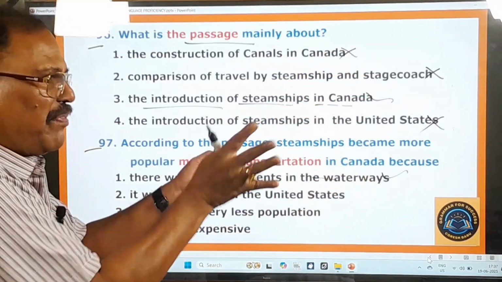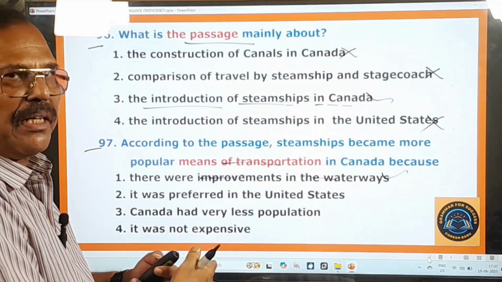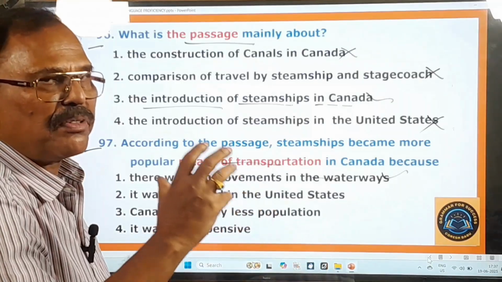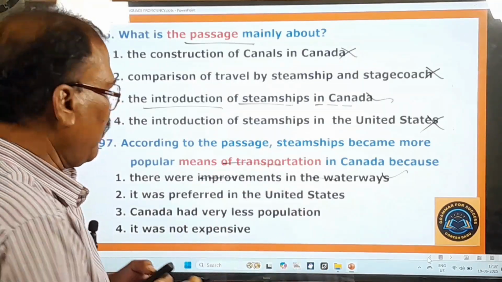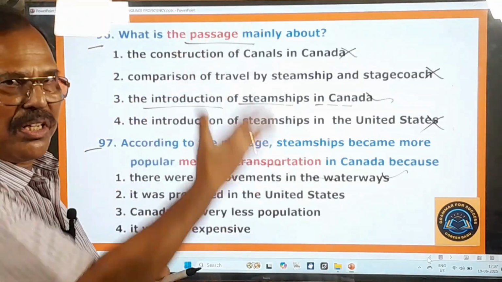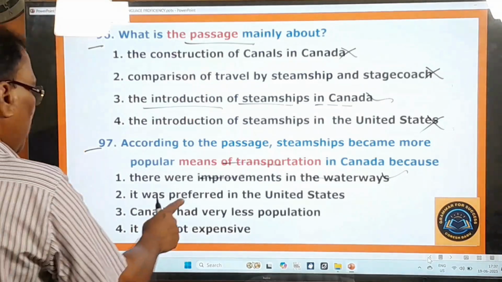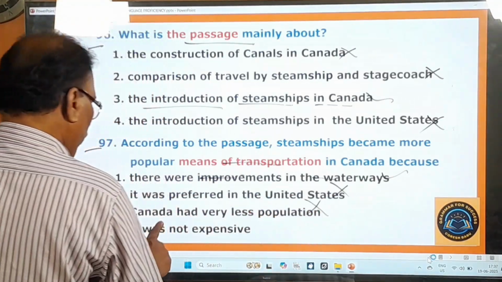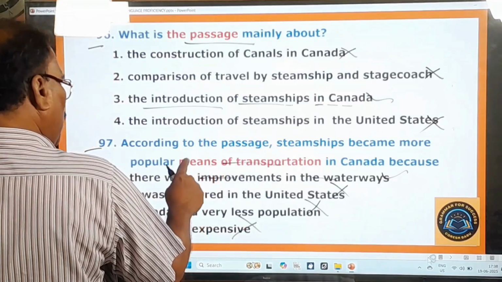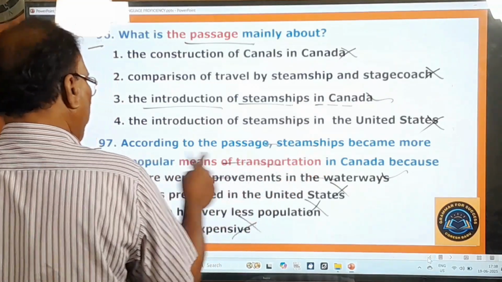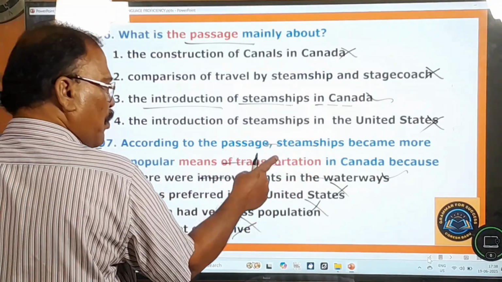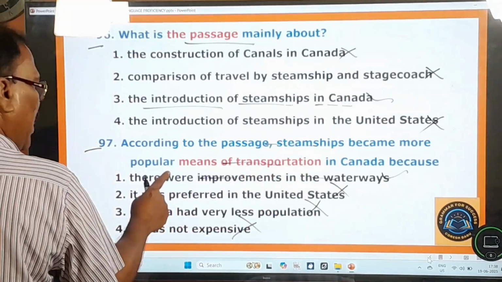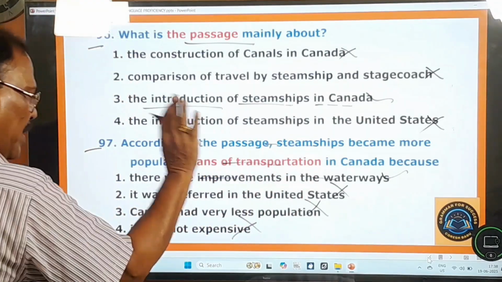When the waterways and canals are improved, automatically the sea journey will be smooth and comfortable. That's why the Panama Canal, Suez Canal, you know very well. And here, it was preferred in the United States. No, Canada had a very small population. No, it was not expensive. So steamships became more popular in Canada because there were improvements in the waterways. That is the right one.